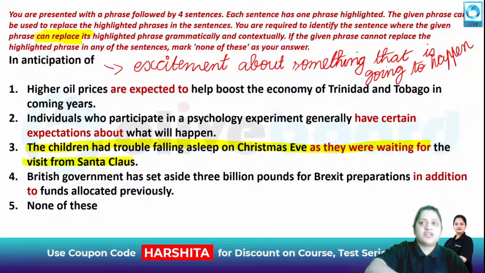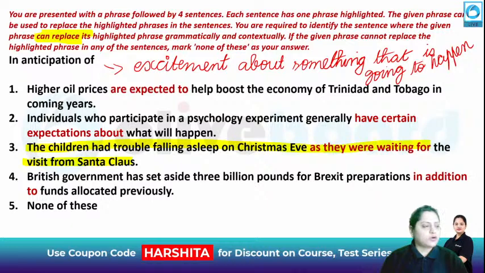We are eagerly waiting for something to happen or arrive. For example, they hired extra police officers in anticipation of a big crowd at the concert. They were expecting a big crowd.